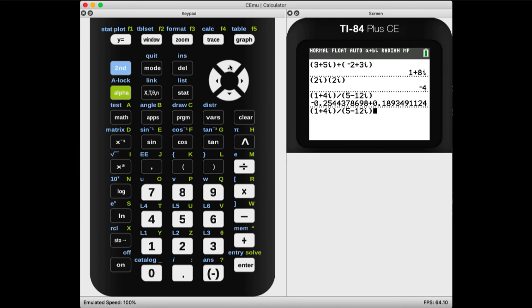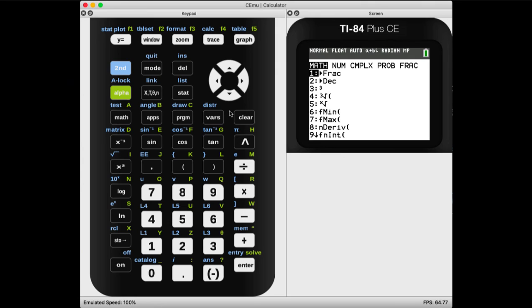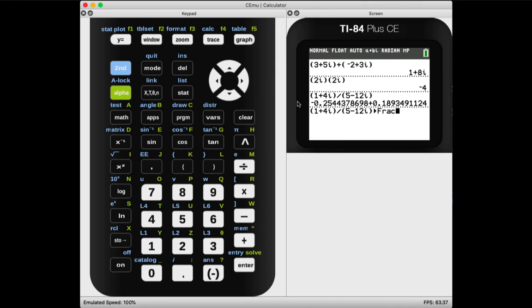If I select my expression and I go to math, option number 1 is a fraction, so I'm going to select 1, and when I hit enter, it's going to give me the complex number as a fraction in standard form. So minus 43 169ths plus 32 169ths i, which is what we got on the last example.